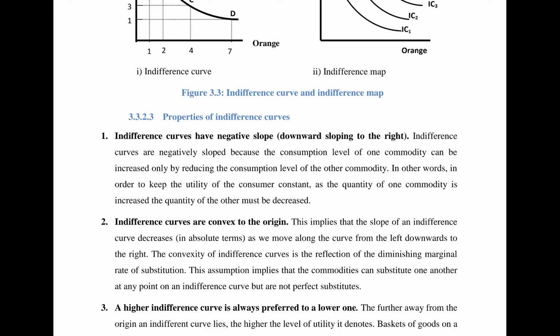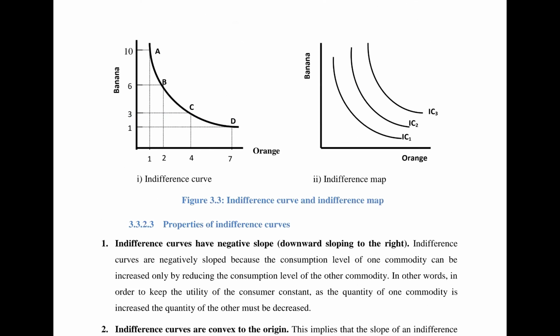So in other words, in order for you to keep the level of utility or satisfaction the same, when the quantity of one commodity is increased, then the other one decreases, right? That is the reason why the indifference curves are curving like that. They're downward sloping.